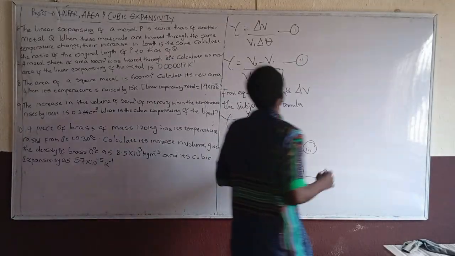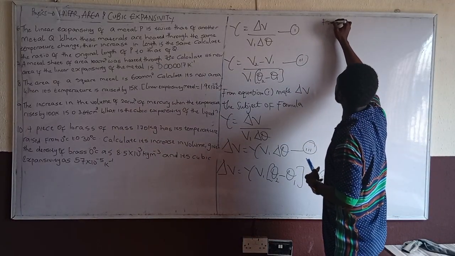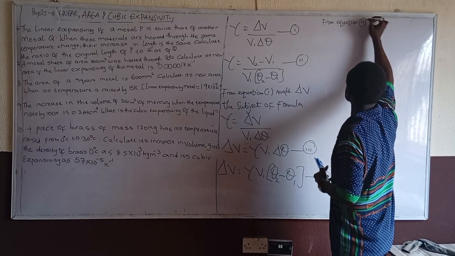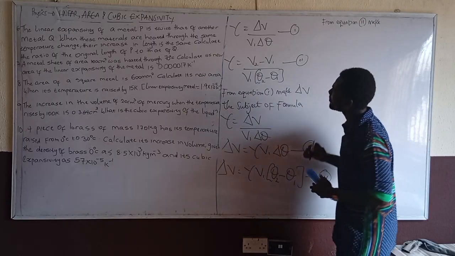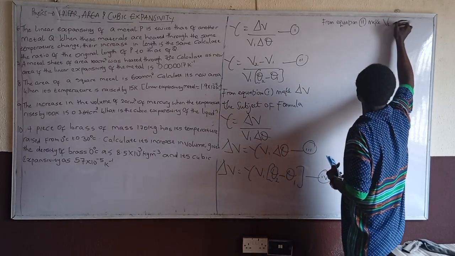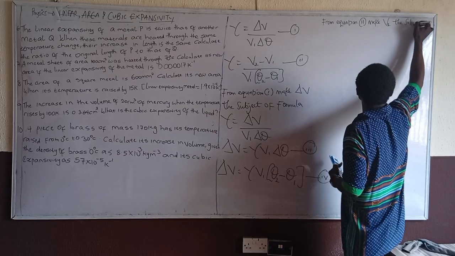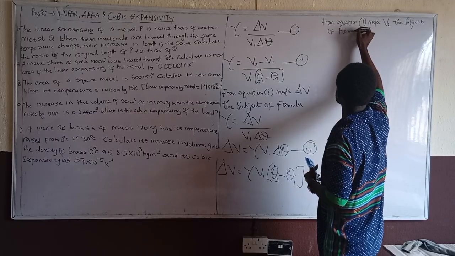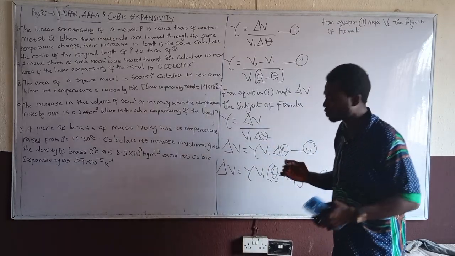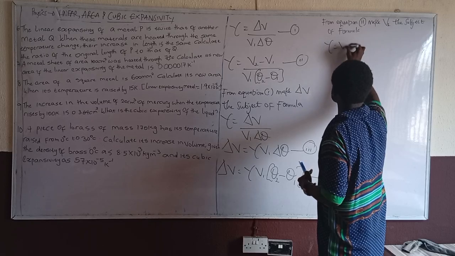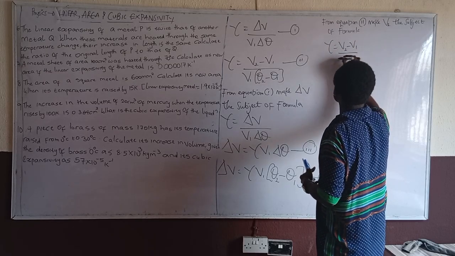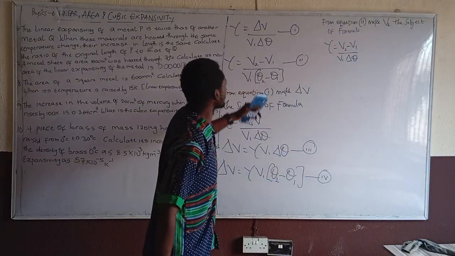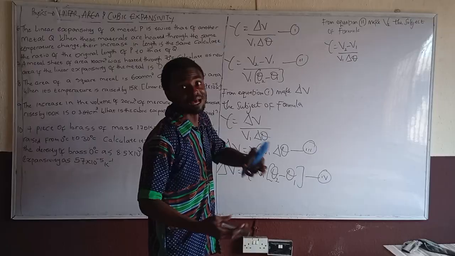Then moving forward, from equation 2, make V2 the subject of formula. Gamma is V2 minus V1 over V1 delta theta, because theta 2 minus theta 1 is the same as delta theta.